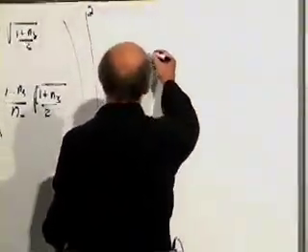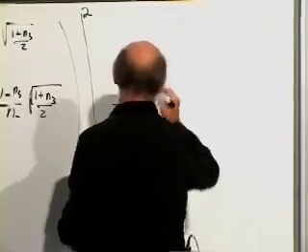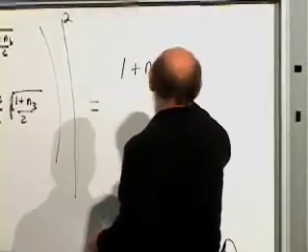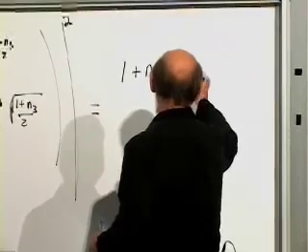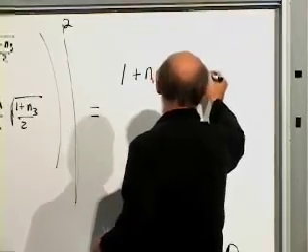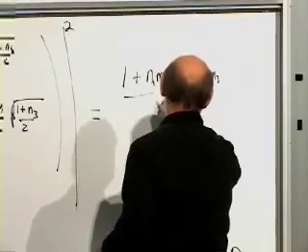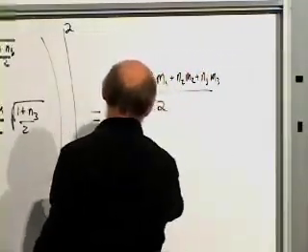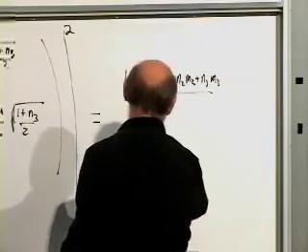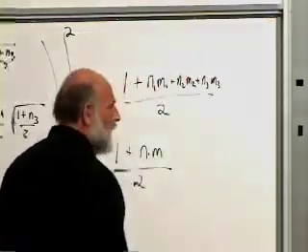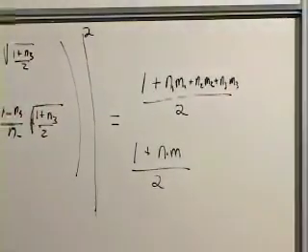Anyway, the answer is 1 plus n1 m1 plus n2 m2 plus n3 m3 divided by 2, or 1 plus n dot m over 2. That's the whole answer after you're finished.